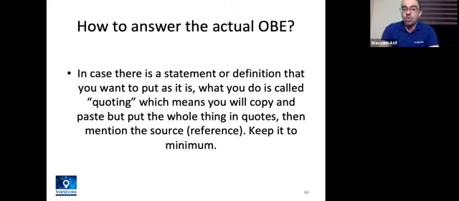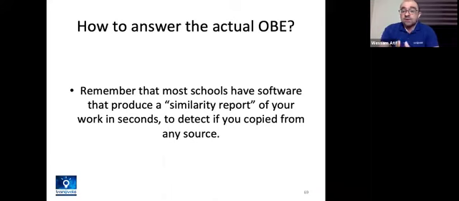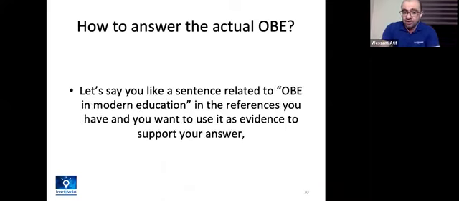Keep quoting to a minimum. Remember that most schools have software that produces something called a similarity report of your work in seconds. They just put your work into that software and it gives them a similarity report to detect anything that you copied and pasted from any sources online or offline in their library.